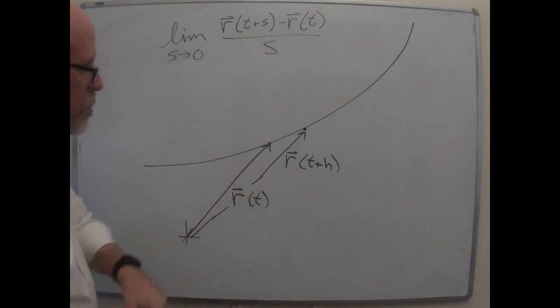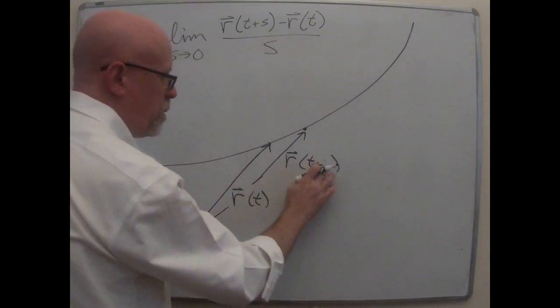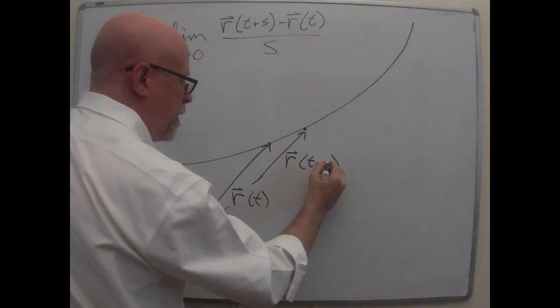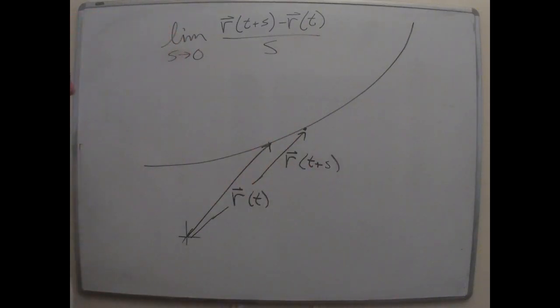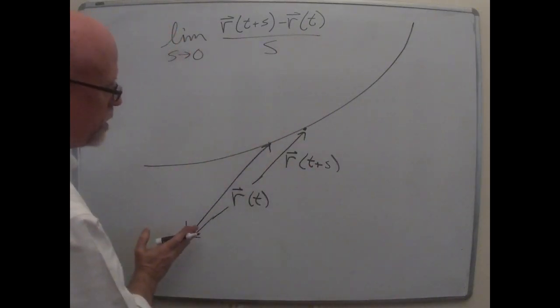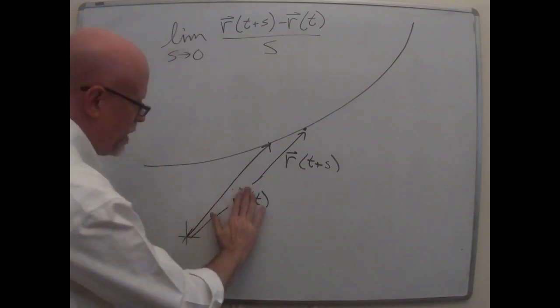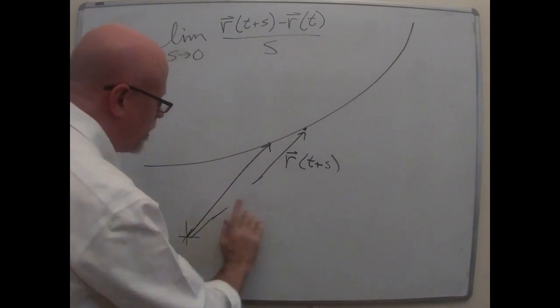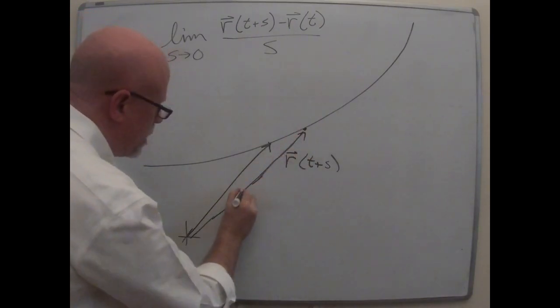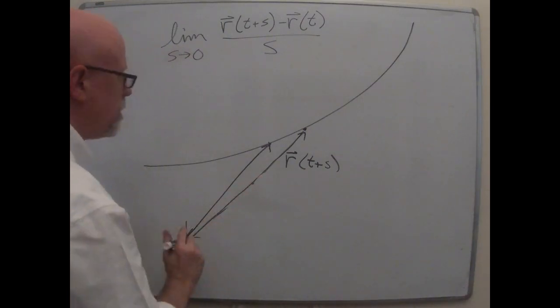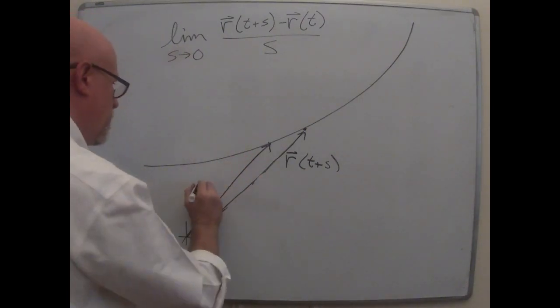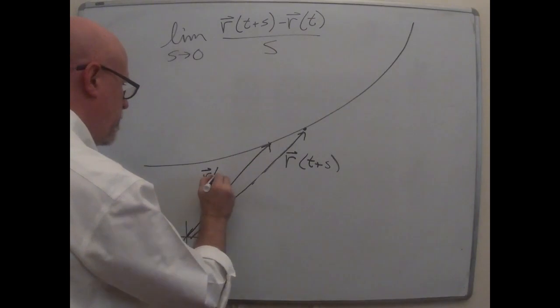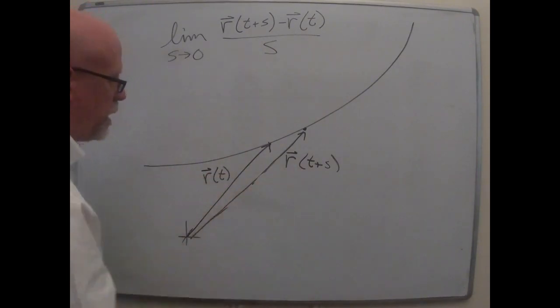I was using h before, but remember we had a name collision, so that can't be h anymore, so s. How about if I just change where that label is, because it's annoying to break the vector. There's the vector. This first vector is our r evaluated at t. The other one is that.